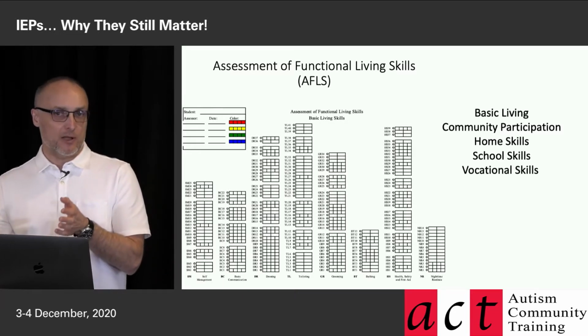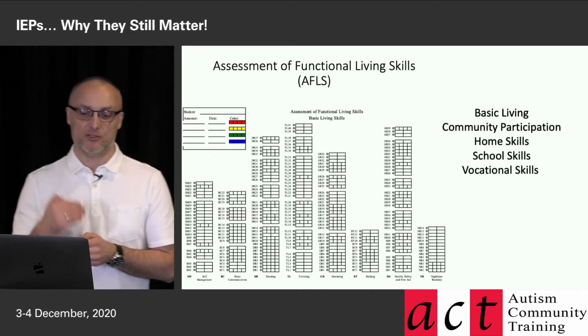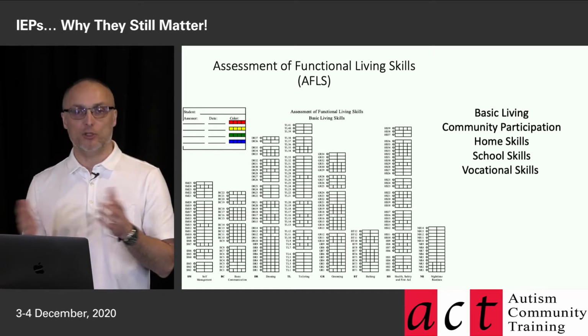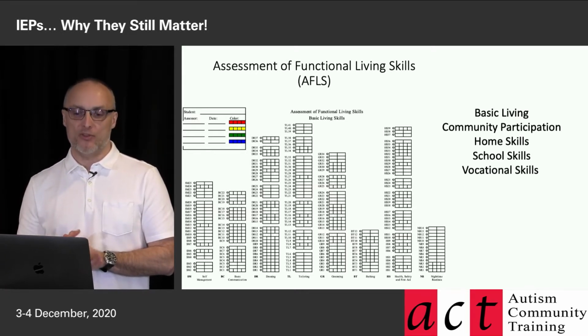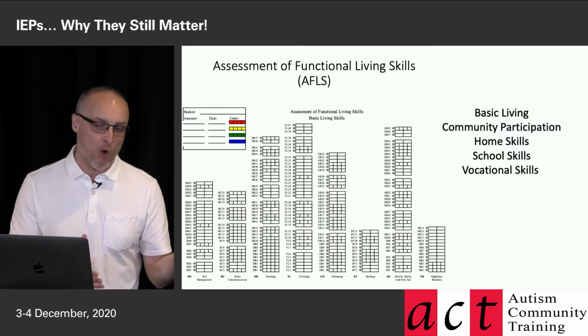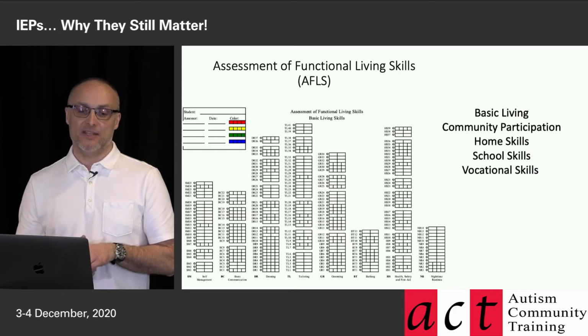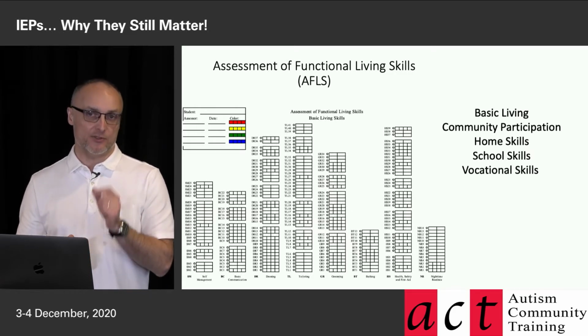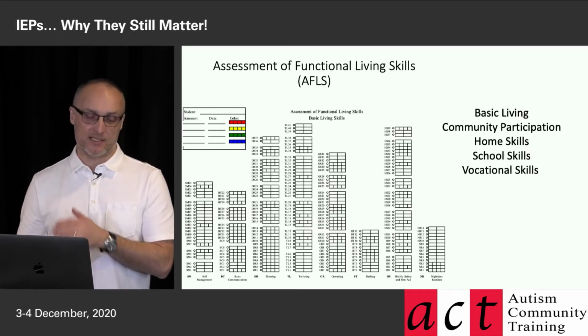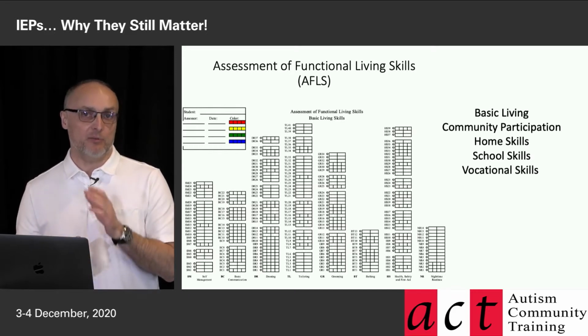And then they have these other protocols that get more specific. So you can purchase one that is all about community participation, one that is all about independence at home, one about school skills, and another for vocational skills. These are functional living skills curricula in different domains. These are very, very practical.